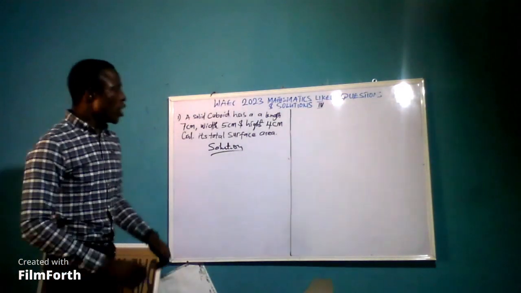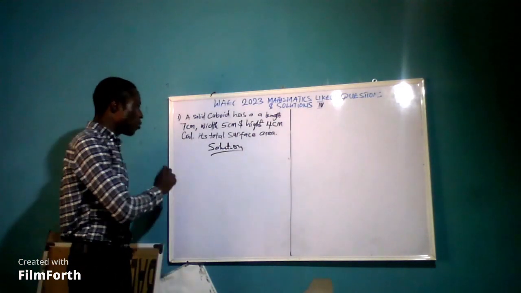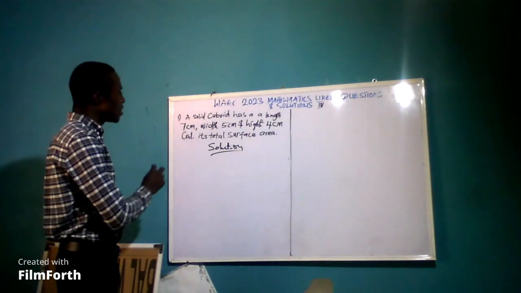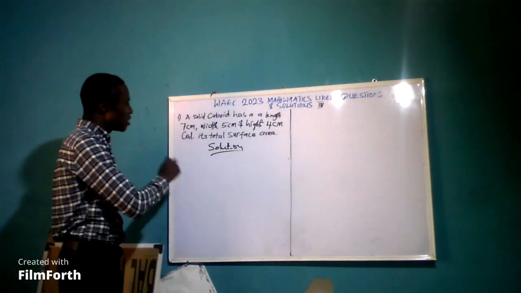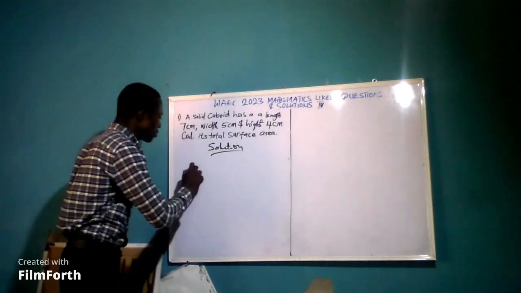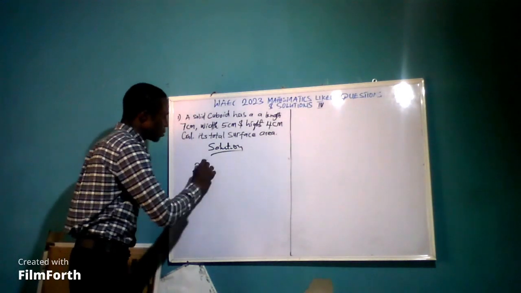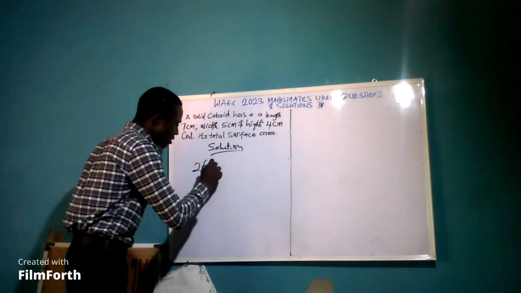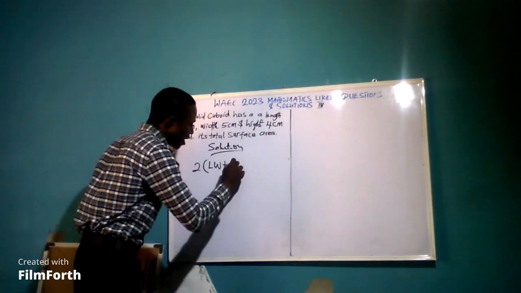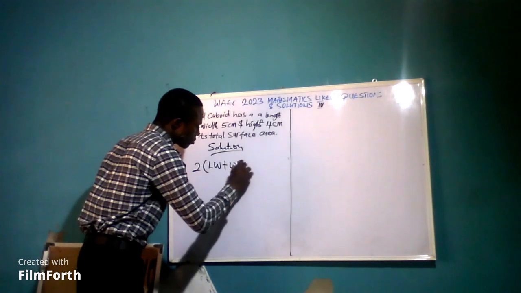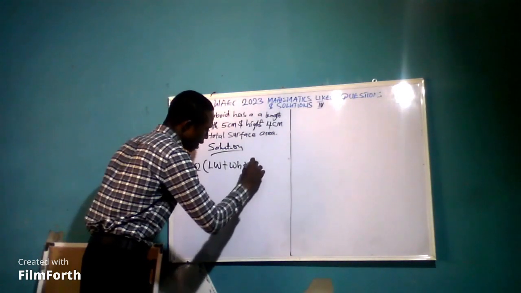Do not forget the formula for calculating the total surface area of a solid cuboid is given as 2 into brackets length times width plus width times height plus height times length.